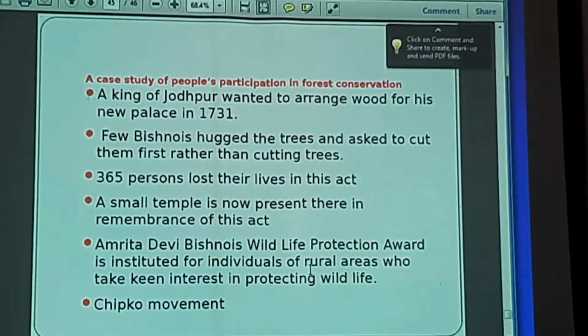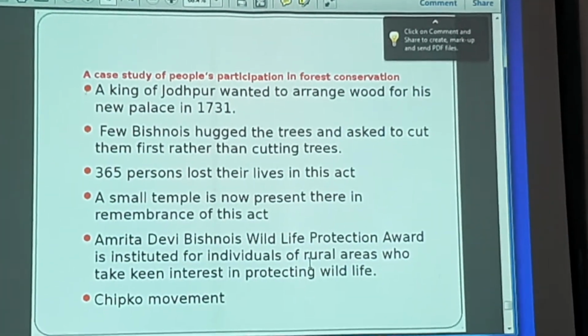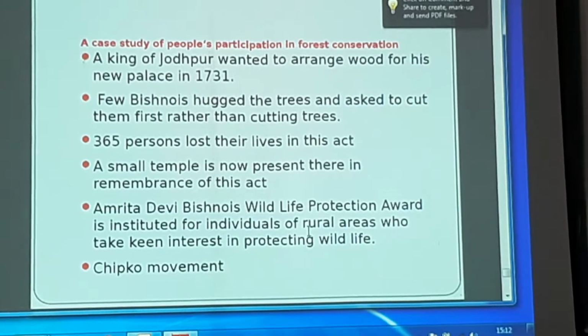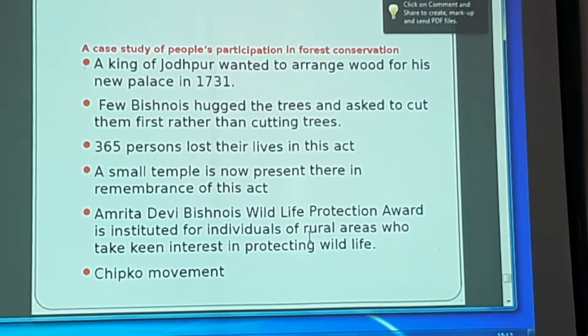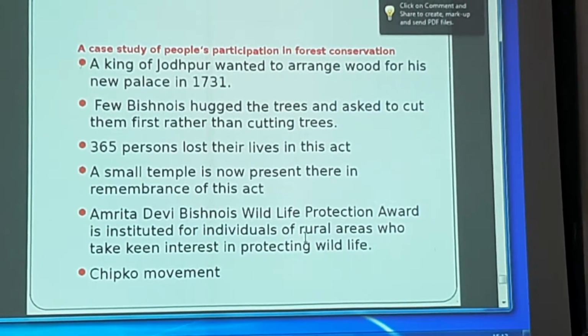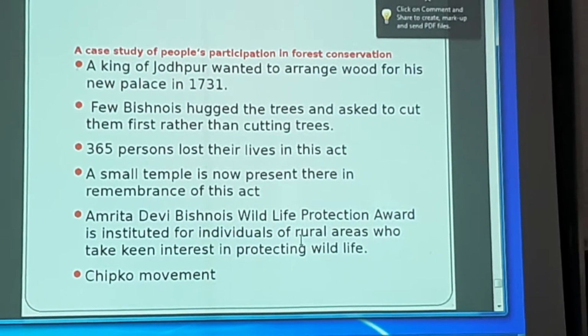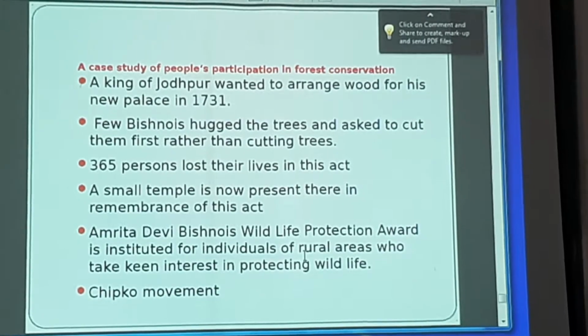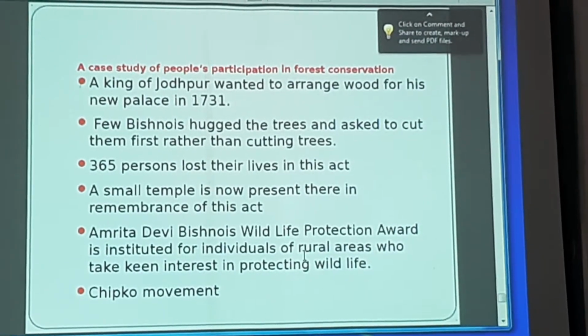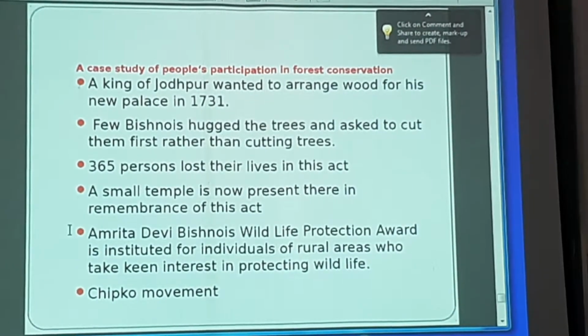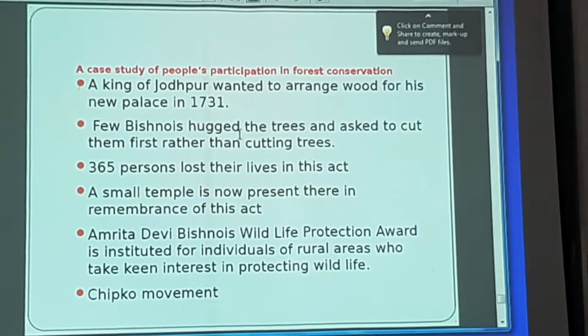A case study of people who are involved in forest conservation. Case studies you should remember. We also studied a case study of organic farming, where there was integrated farming. Now there is a case study of people's participation in forest conservation. The Jodhpur king wanted to arrange wood for his new palace in 1731.